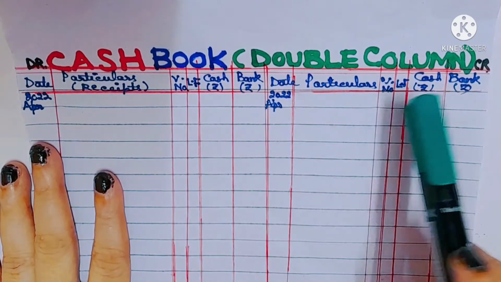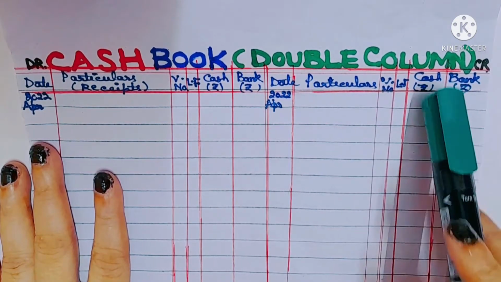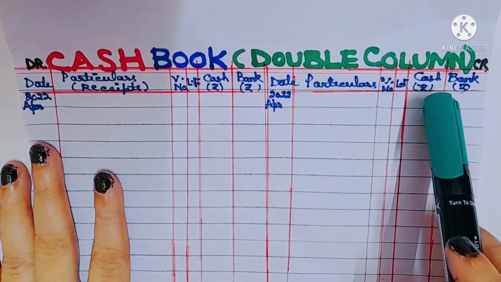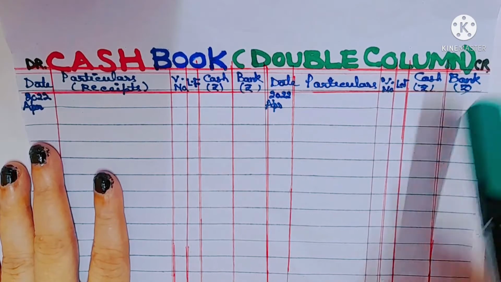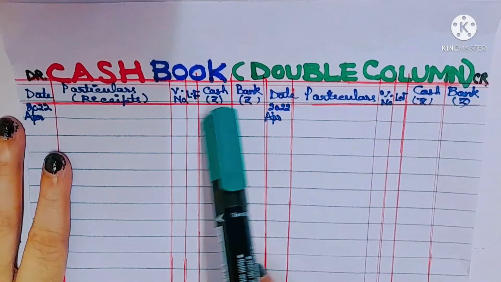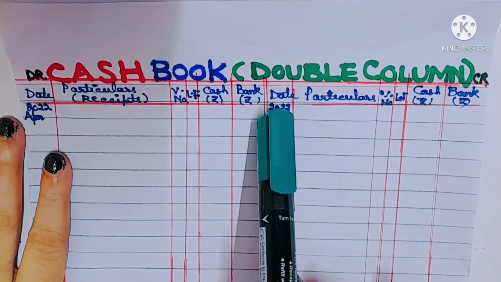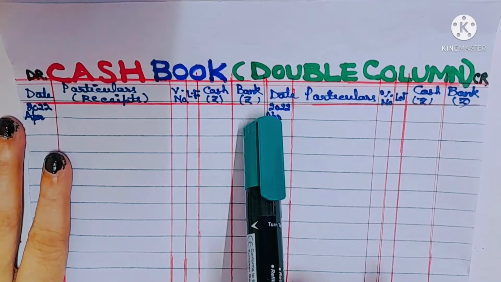All cash payments are recorded in the cash column on the credit side, and all checks paid are recorded in the bank column on the credit side. Please remember, cash column represents cash account and bank column represents bank account.